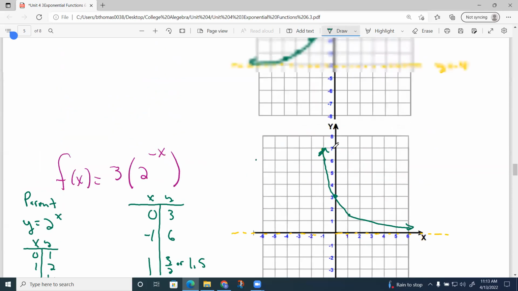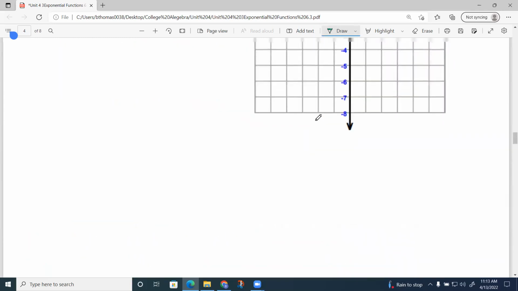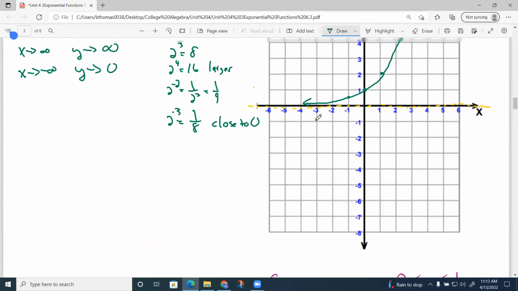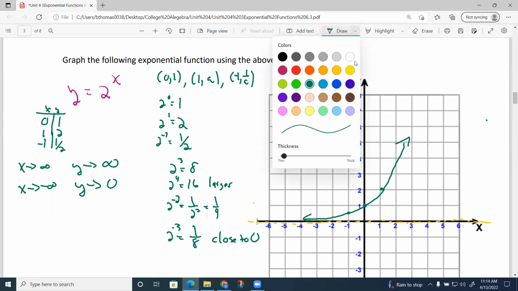So notice how, if I look at the x graph, the 3 made these values all move up vertically. So if you multiply these all by 3, so 1 times 3 would be 3. The graph would be there.